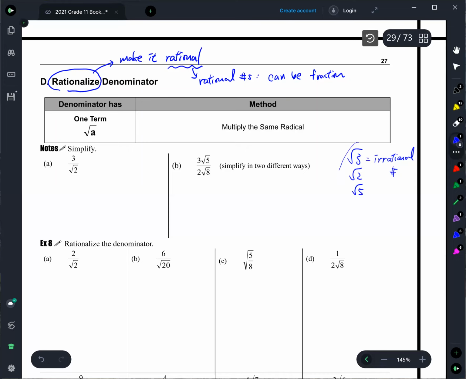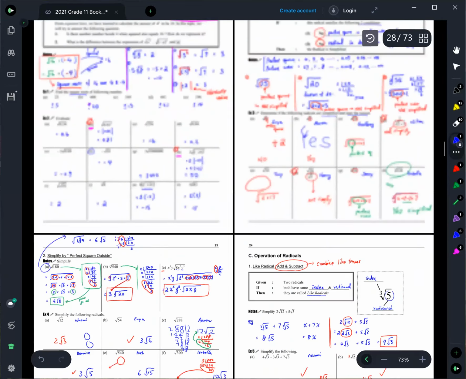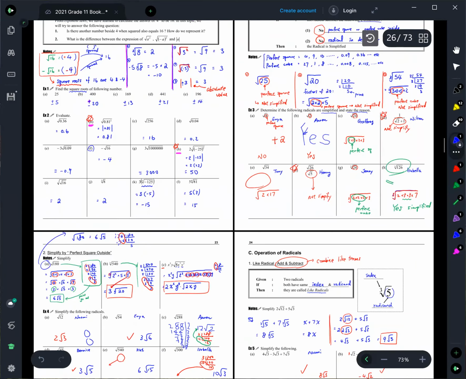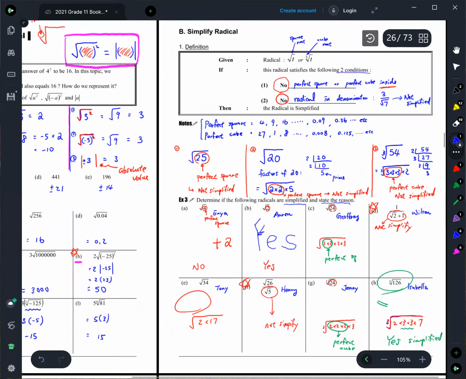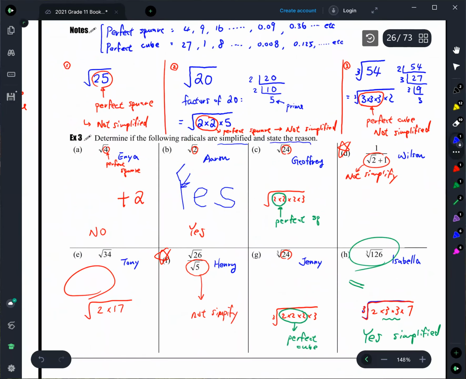So if you see those things in the denominator, then the radical is not simplified. I don't know if you remember from before the break. Right here, we did this page, simplified radical, page 22. At the bottom we did yes and no, right?